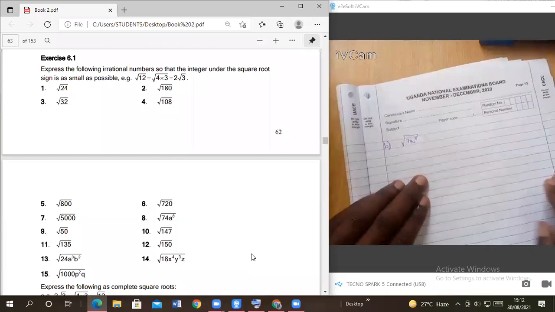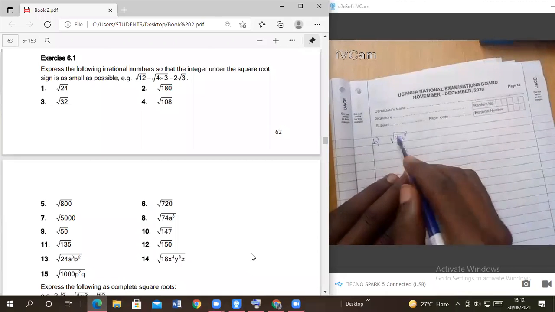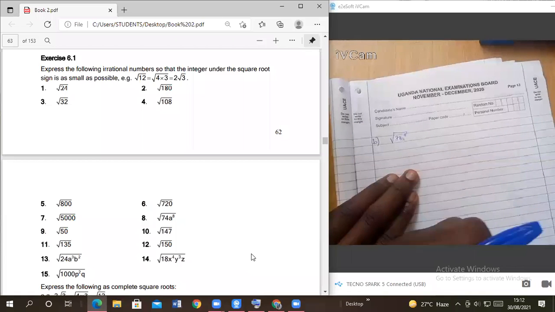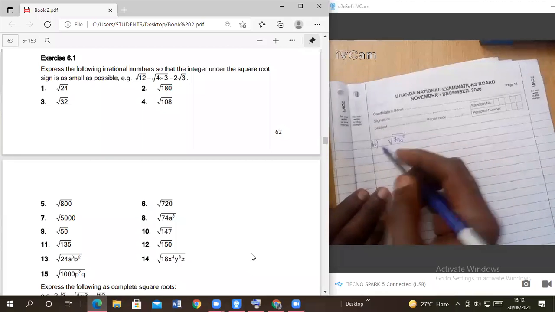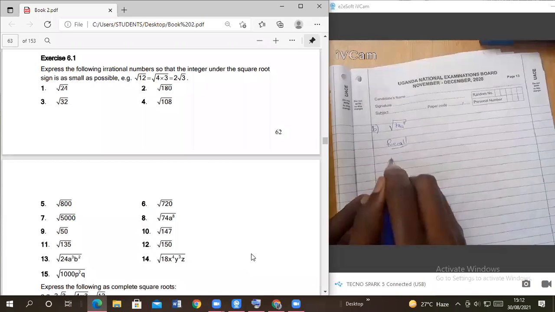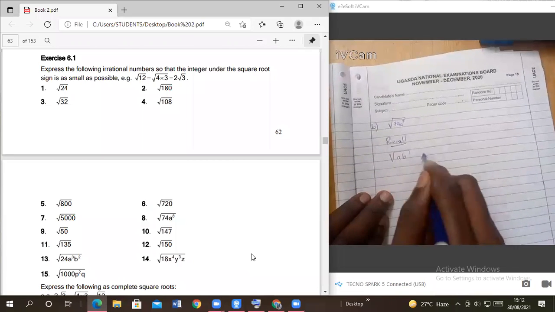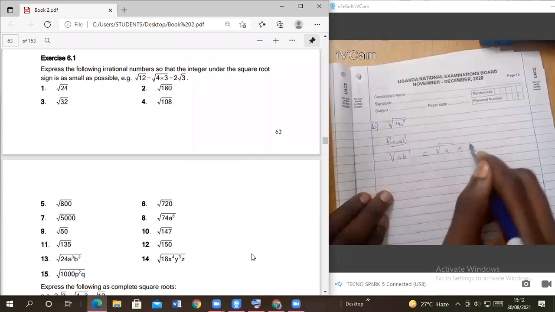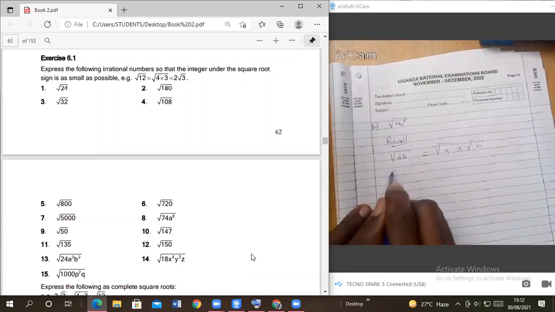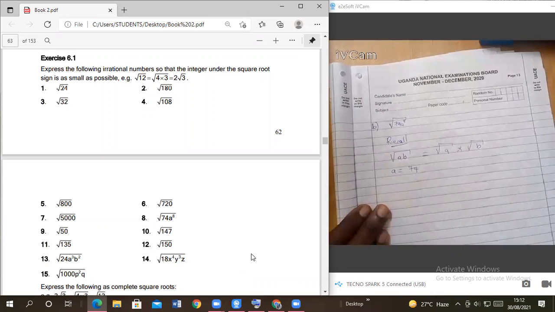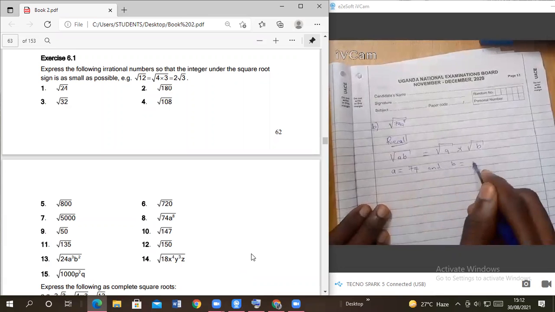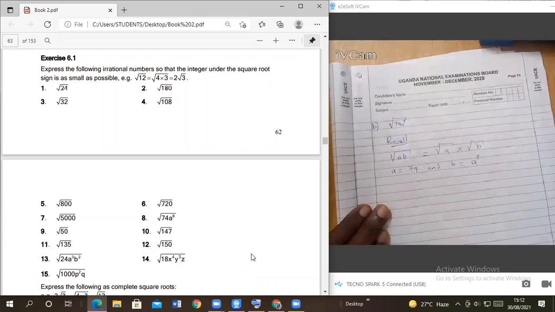So how many numbers do we have here? We have 2 numbers, 74 and a to the power 8. When you recall, I said if I have root of AB, it is the same as root of A times root of B. So our A is equal to 74, and our B is equal to a to the power 8.